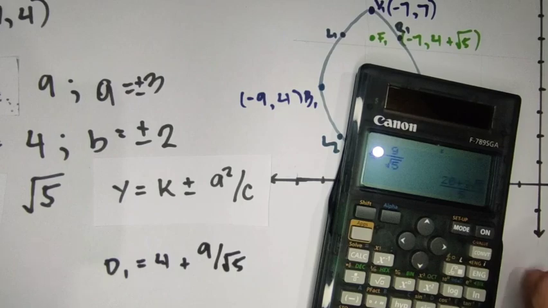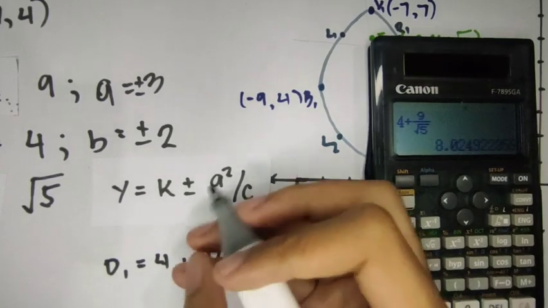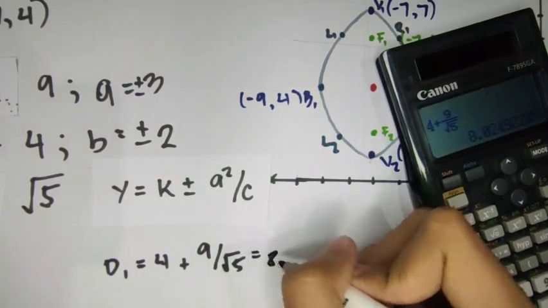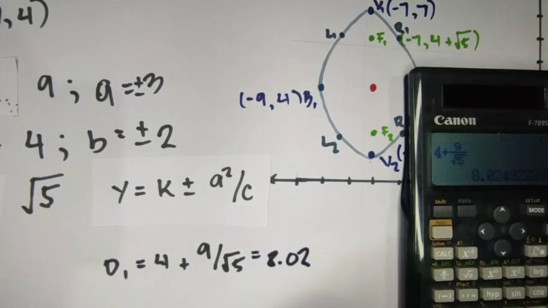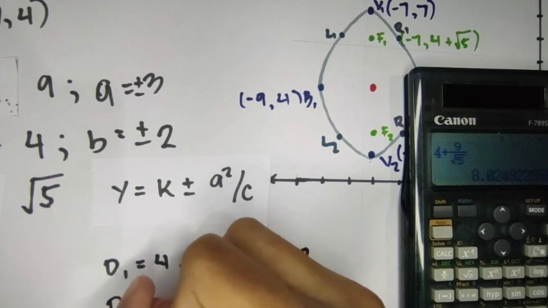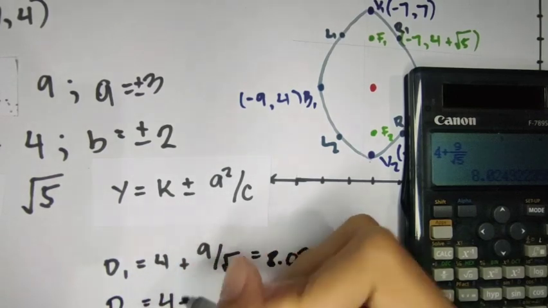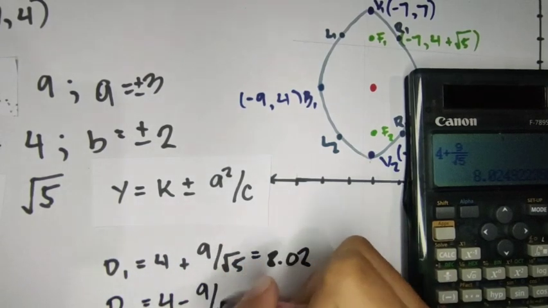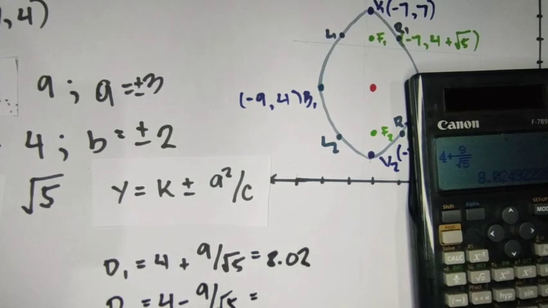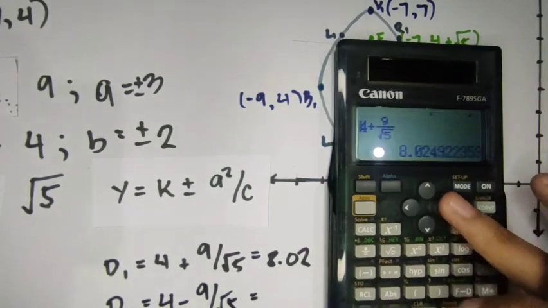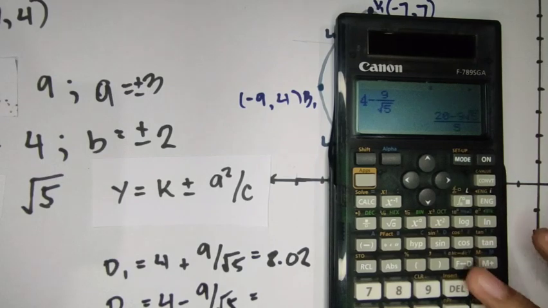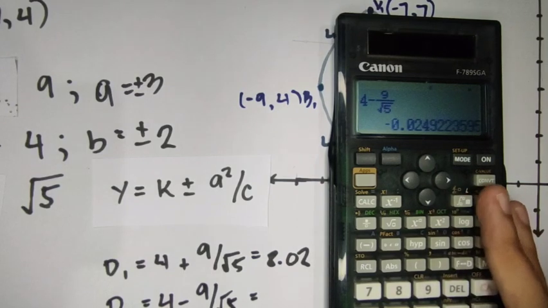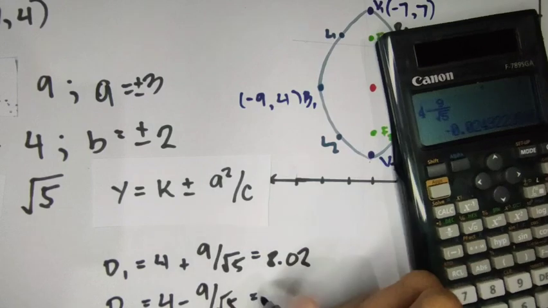So 4 plus 9 over square root of 5 is 8.02. That would be where our D1 lies. For our D2, we will just change the operation sign. So it would be 4 minus 9 over square root of 5. So our D2 lies at negative 0.02.